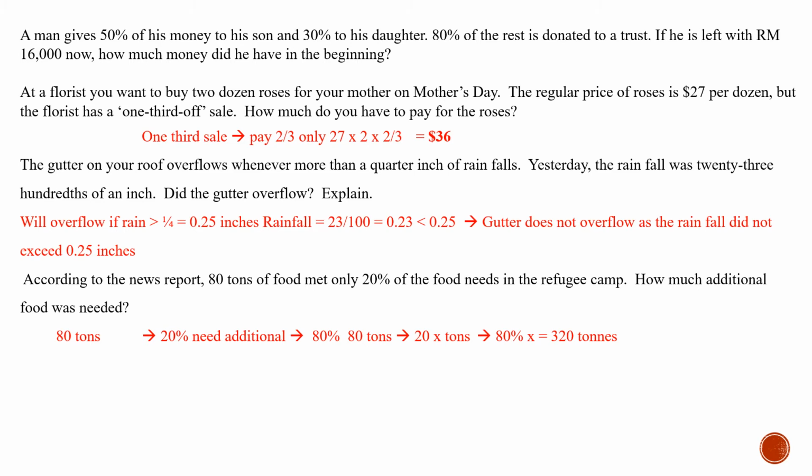Therefore, the gutter does not overflow. 80 tons of food met only 20% of the food needs in a refugee camp. How much additional food was needed? So now 80 tons is 20%. Additional, you have to make it 100. You want to fill it up means another 80%, right? So you can cross multiply and find. Most of you got this right.